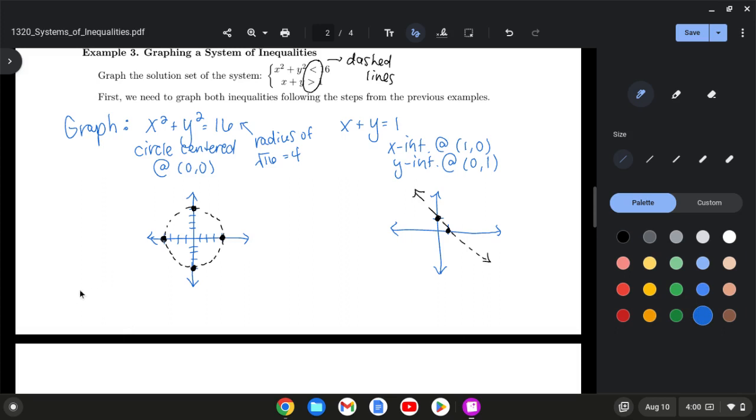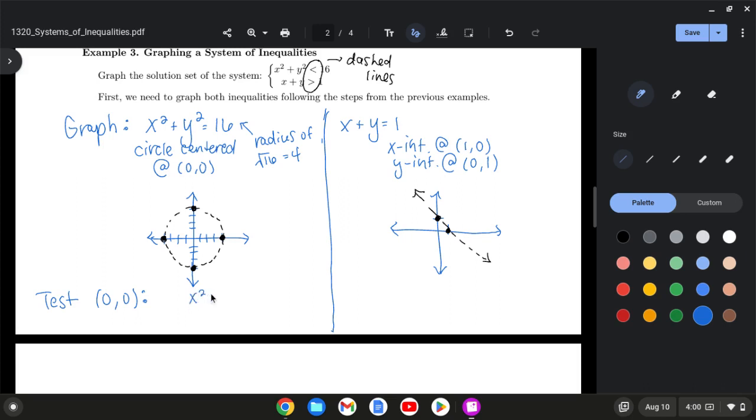All right, so now step 2, we need a test point. And lucky for us, 0, 0 is not contained on the circle or the line. So we can use that for both. I'm just going to split this up here too. So if we're testing 0, 0 on our circle, remember you're using the inequality, not the equality that we made.